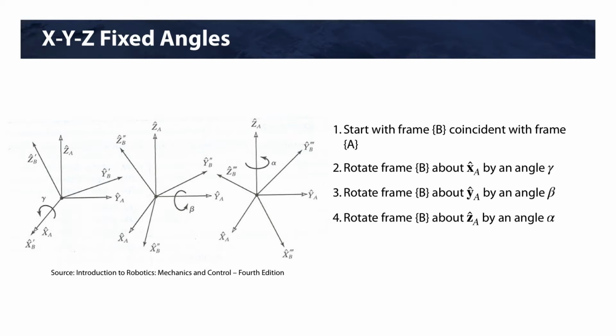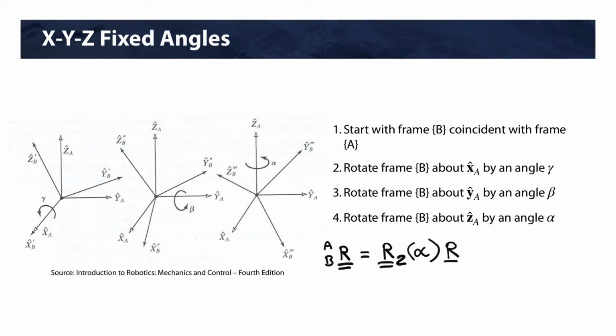So we want to be able to get our rotation matrix R that describes frame B with respect to frame A. For fixed angles, you have to pre-multiply, so in the opposite order of how the rotations were done. We start with our Z axis rotation, which was by the amount alpha.